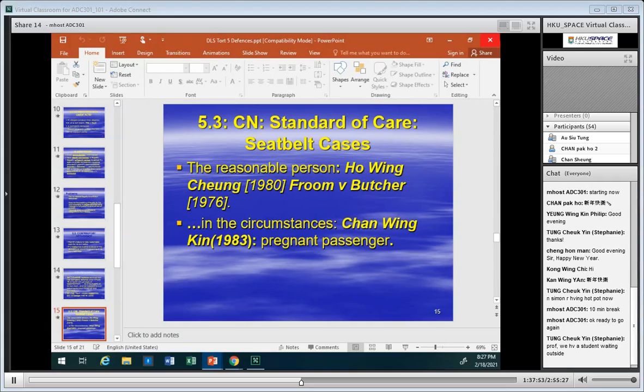And the English courts in Freeman v Butcher in 1976 said, yes, a reasonable person would wear a seatbelt. Okay. By the way, seatbelts haven't always been with us. They were only introduced in the 1970s. Okay, but now it's sort of every car is fitted with a seatbelt, even minibuses.